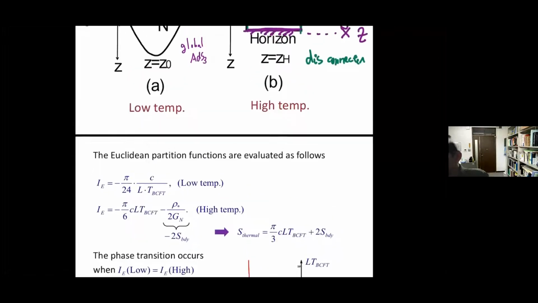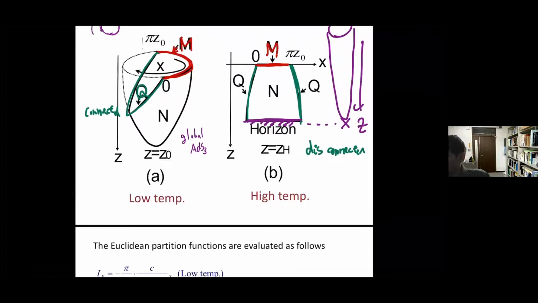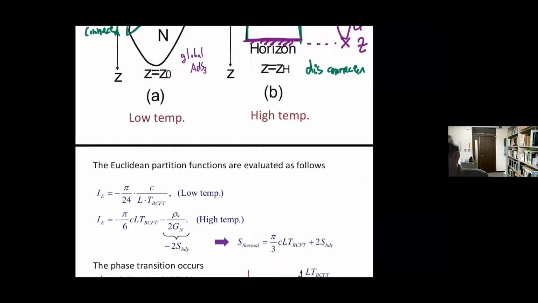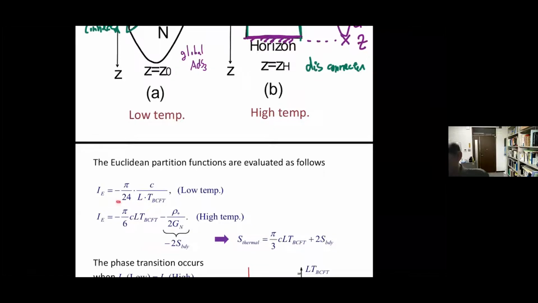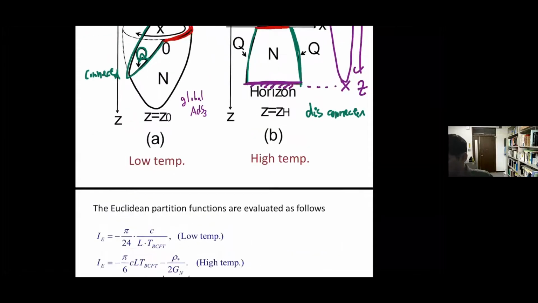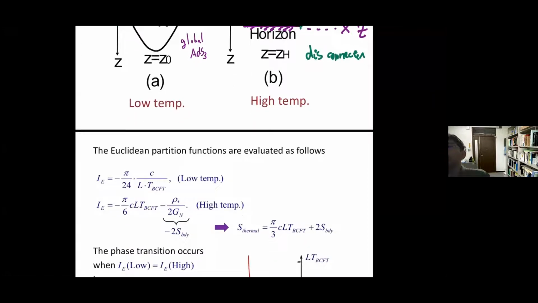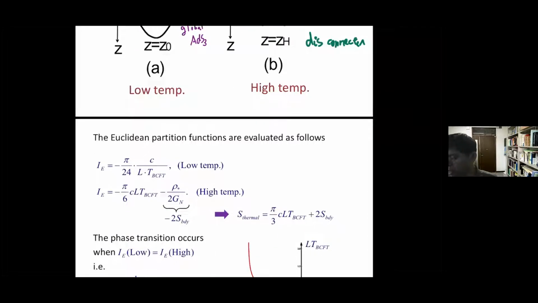Even though there is a boundary here, it does not contribute in the low temperature computation. Only in the high temperature phase do we have some boundary entropy contribution. And this part is just the standard thermal entropy.